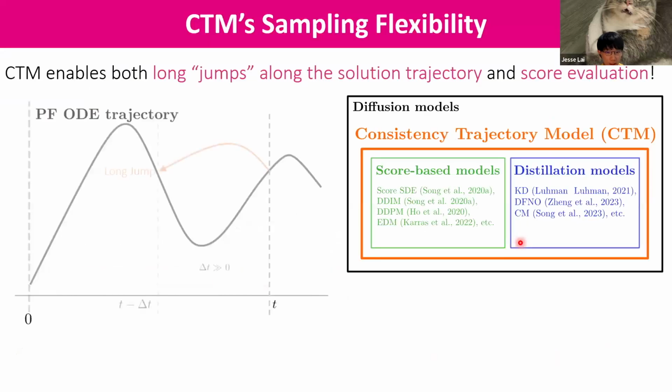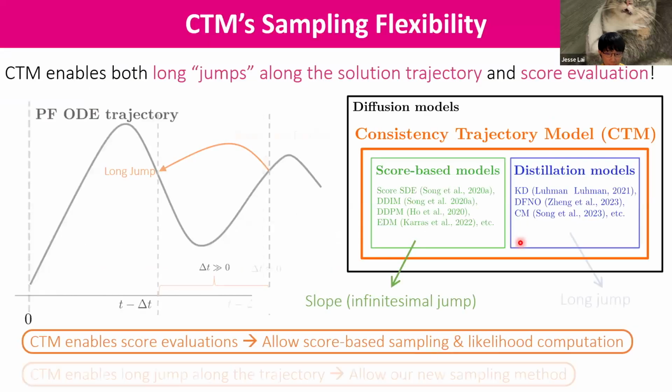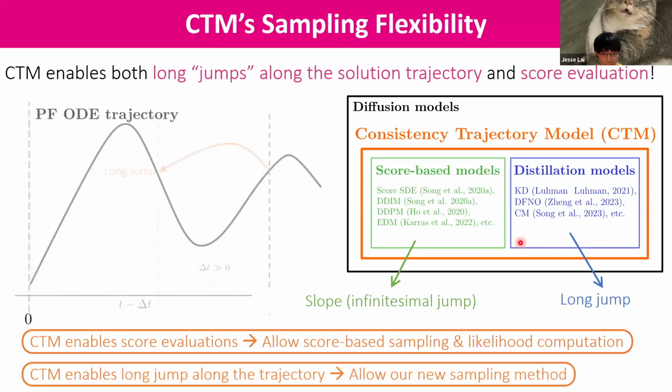This is a summary of the flexibility of sampling. A long jump provides fast sampling, and an infinitesimal jump provides the score information, so we can use off-the-shelf diffusion model inference techniques to do inference.